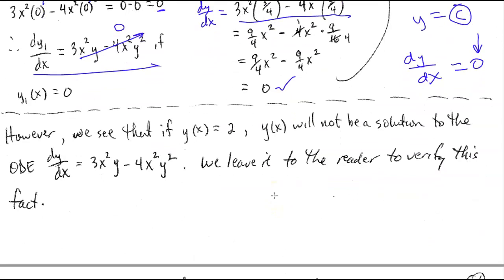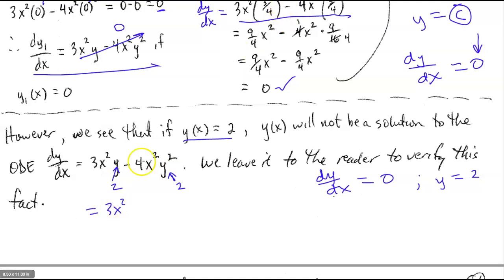All right. Now, if we look at the case where y is equal to 2, we'll see that this is not actually a solution to this particular differential equation. Although dy/dx is equal to 0 when y is equal to 2, if I plug in 2 here and 2 here, what I would get is 3x squared, or sorry, 6x squared, because 3 times 2 is 6.